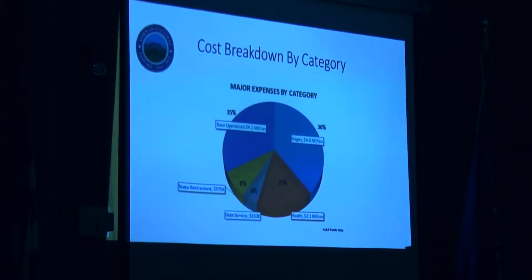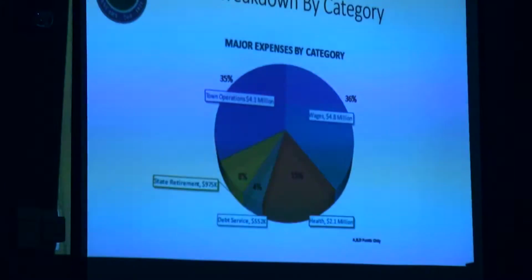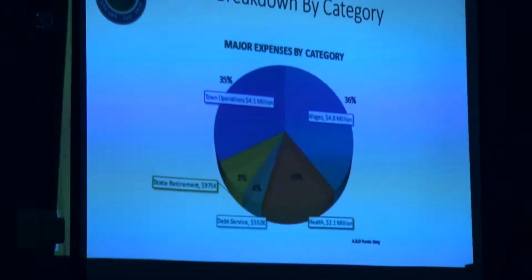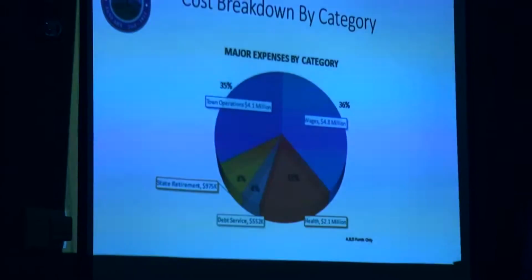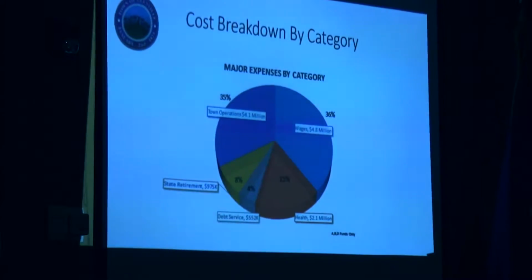Major expenses by category, however, and this we've talked about a long time now: 36% of your tax dollar goes to wages, which makes up $4.8 million. Another 2.1 goes to health, and then almost $1 million, fluctuating, goes to state retirement.